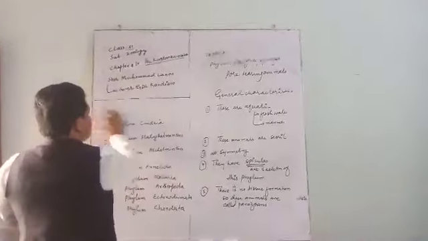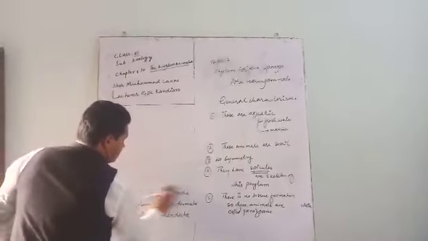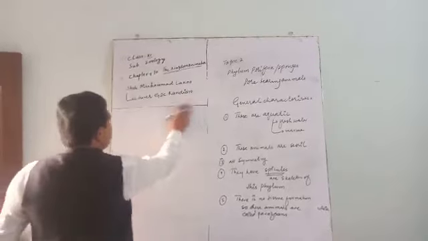Number 6 character is they have an assemblage of cells.